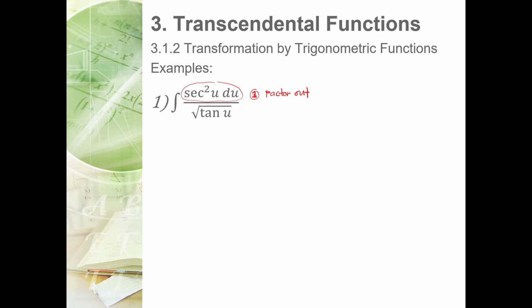But since we don't have any extra secant squared term, we cannot use the formula that secant squared u is equal to 1 plus tangent squared u. So again, since there's no extra term, we can just opt this one out.